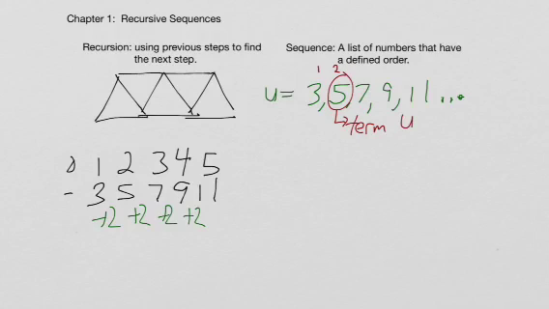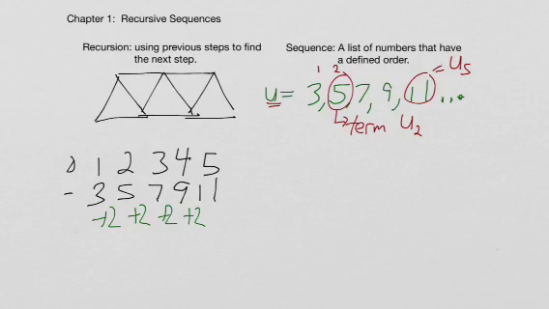And I'm going to represent it by U, saying it comes from my sequence U, and I'm going to put a subscript of 2 there. That means it's the second term in my sequence U. So if we wanted to look at 11, that would again be the sequence U, but in this case it's the first, second, third, fourth, fifth number.